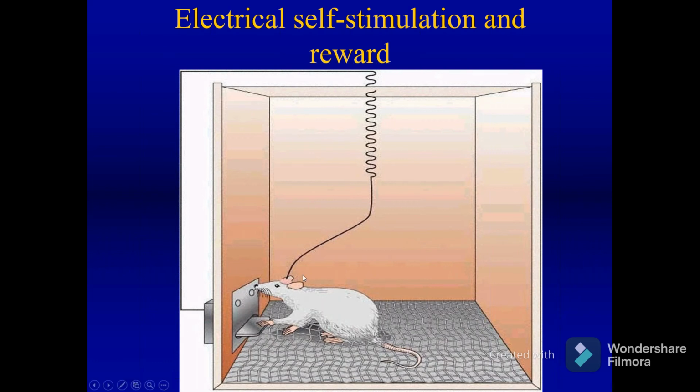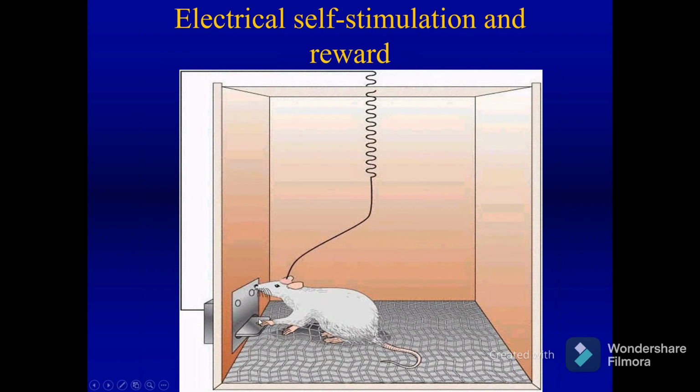Either we can have no response. The rat presses this lever and there is no response. Then this rat will not press it again. Then the thing will occur only accidentally. The second situation is that this rat pressed this lever and he got stimulation of that particular brain area and he feels happy.